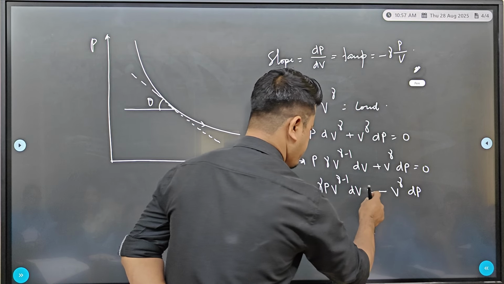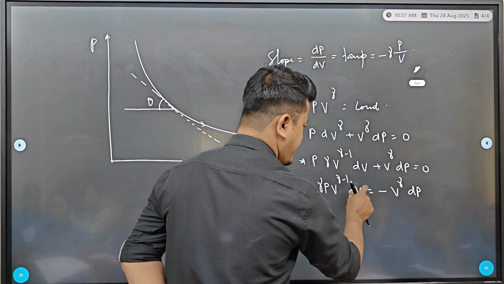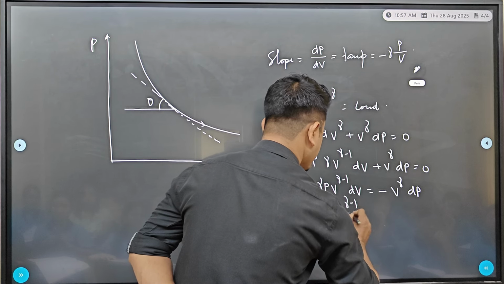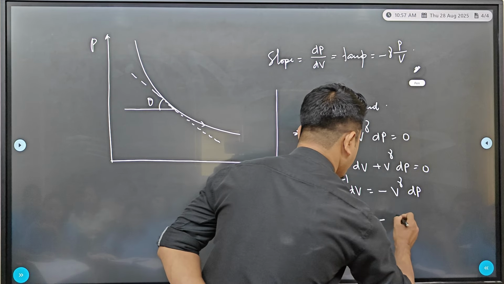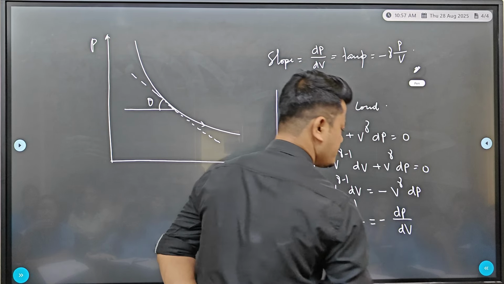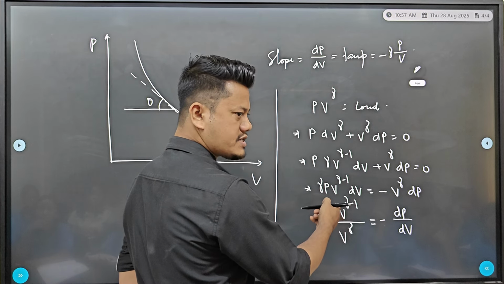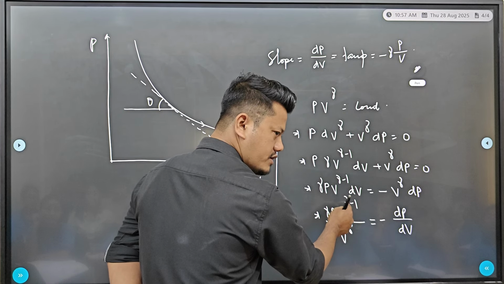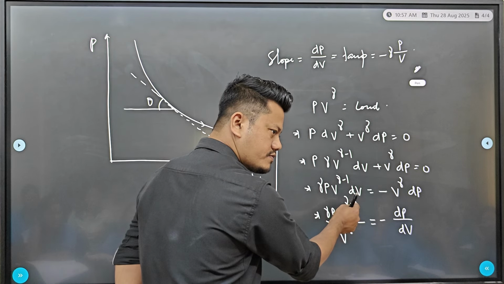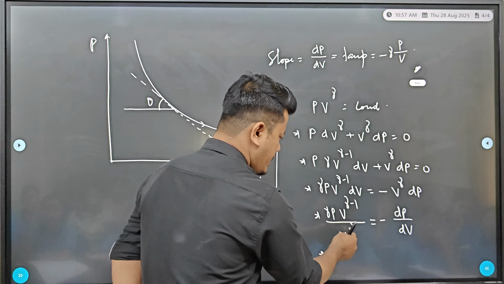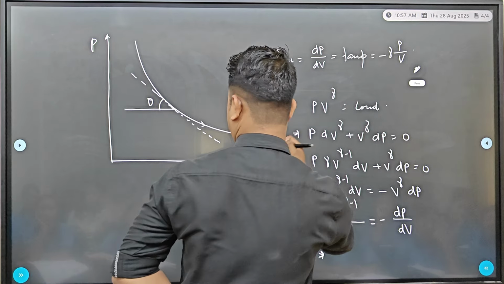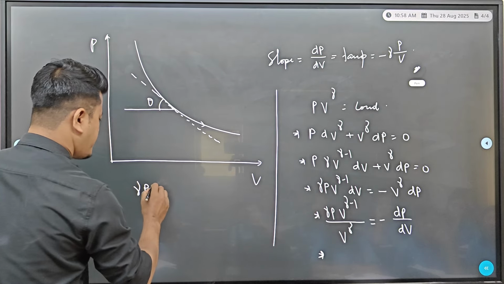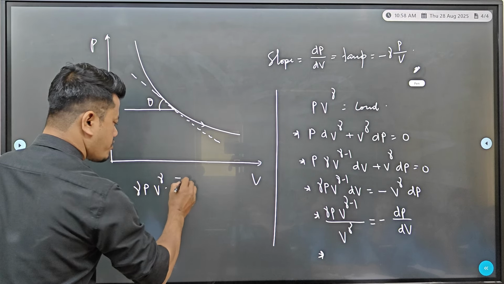So I'm bringing this V^gamma towards the left hand side, and I'm taking this dV towards the right hand side. So what I'll be getting: gamma P V^(gamma minus 1) by V^gamma equal to minus dP by dV. Got it? Will I be getting this? Here gamma P V^(gamma minus 1) can be written as V^gamma into V^(minus 1).